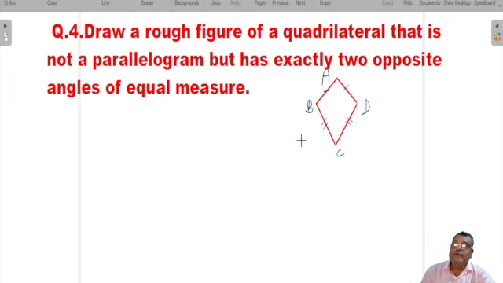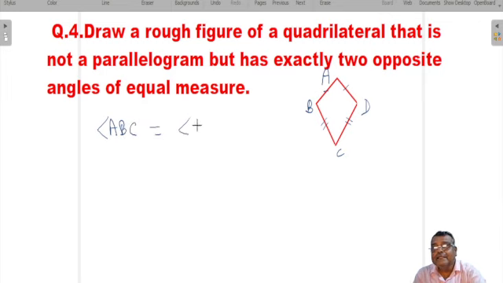This is a quadrilateral, but it is not a parallelogram. Here in the case, angle ABC is equal to angle ADC. This angle is equal to this angle.